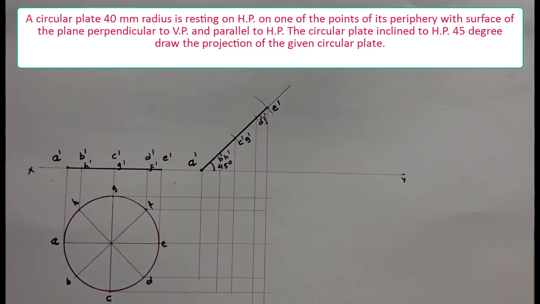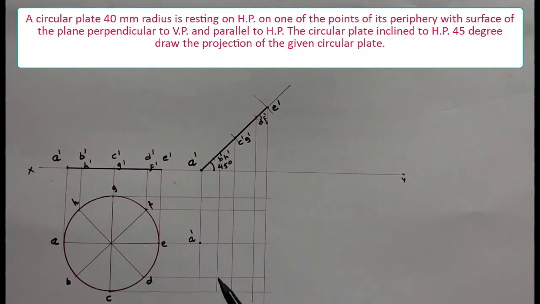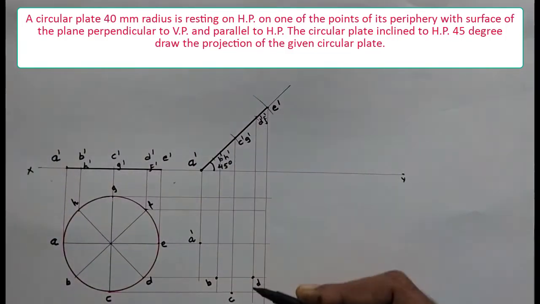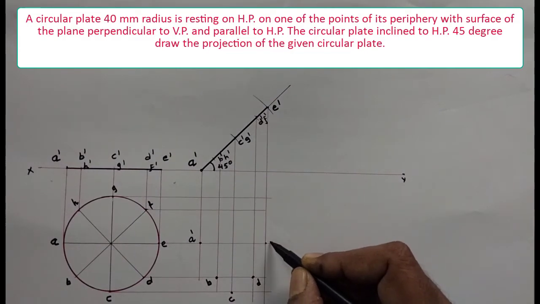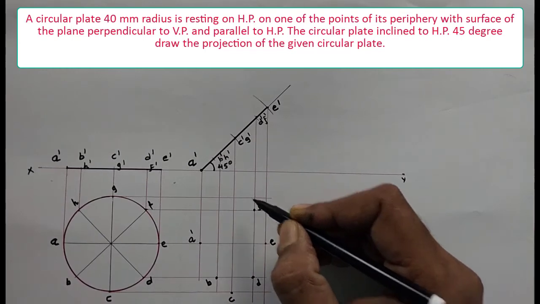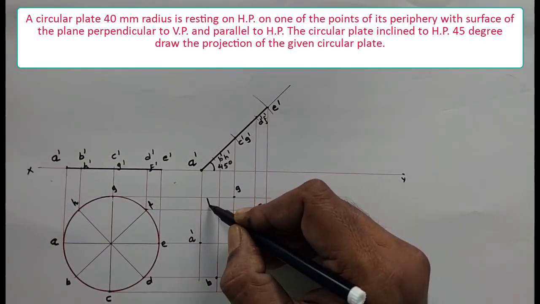Again we mark our points. So this is my A dash, A. This is our B point, plan point. It is our C point. This is your D point, D dash. This is our E. It is your F, G, and H.